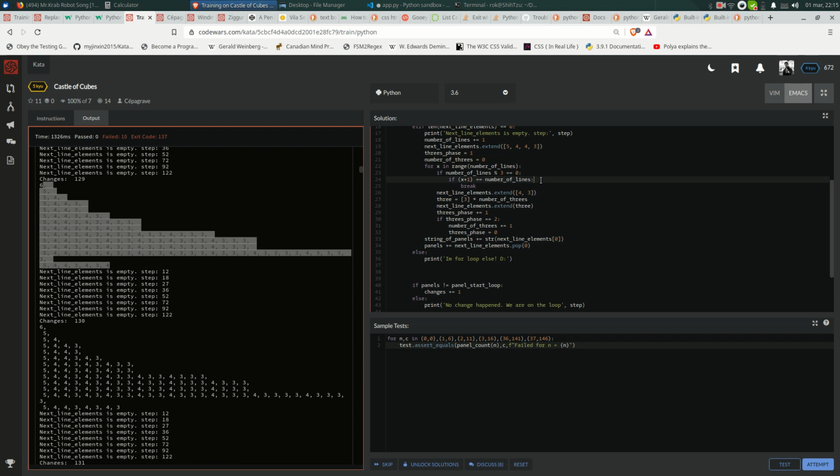Sometimes say if x plus 1 number of lines break, and also or the length of this one is stunted by this thing.